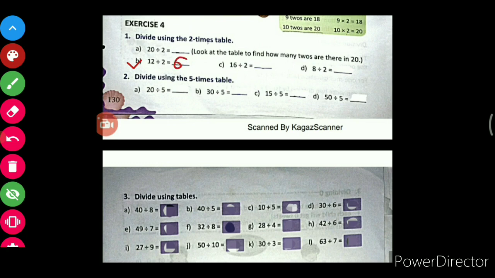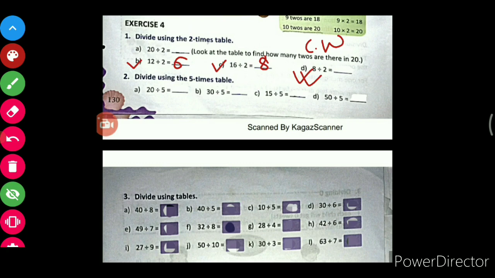Now see C part. Can you tell me what will be the answer? You have to find 16 in the 2 table. So what should you multiply with 2 to get 16? 8, right?